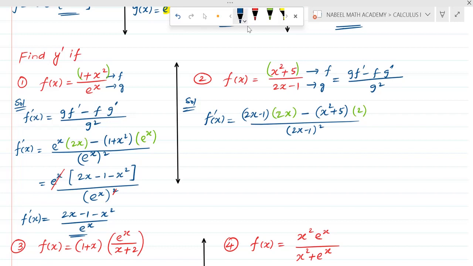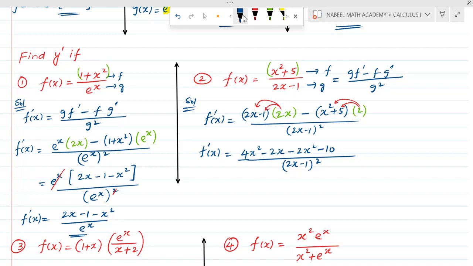Now here you have to simplify. How will you simplify? Just multiply inside this part. So what do you get? f prime of x equals 2x minus 1 whole square fixed. When you multiply inside, it becomes 4x square minus 2x, and minus 2x square, which is minus 10.